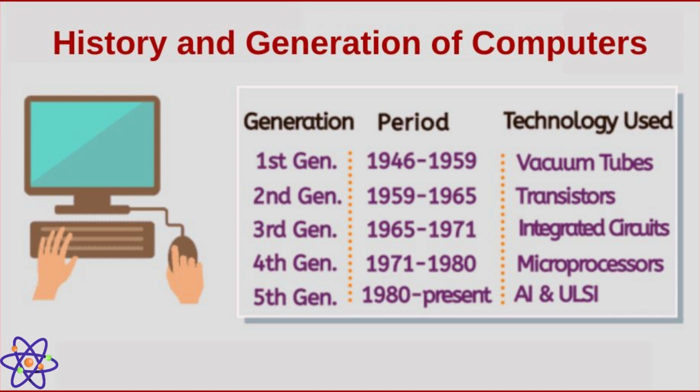Then comes the second generation, where transistors, memories, and IO processors are the main technologies. Here batch processing is performed, and you could enter the data in a high level language. Then comes the third generation, where we moved into the semiconductor industry, where small and medium scale integrated circuits were used.